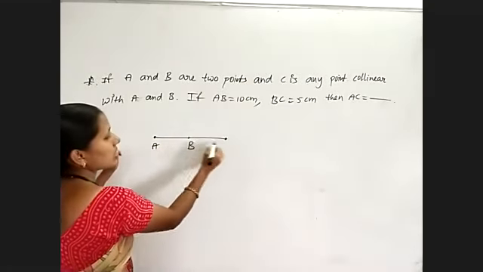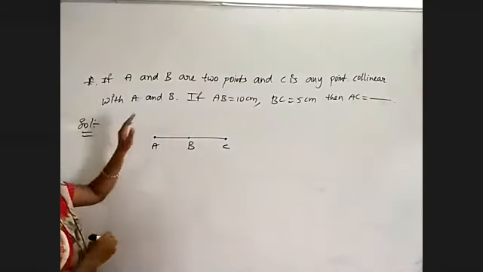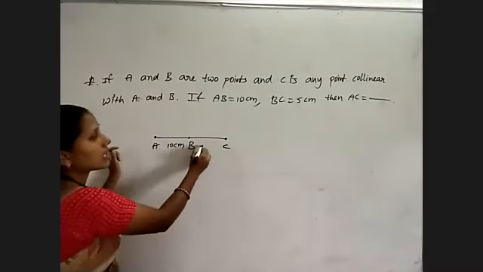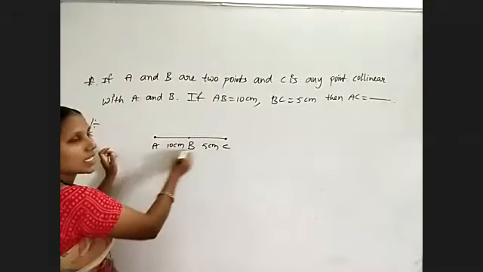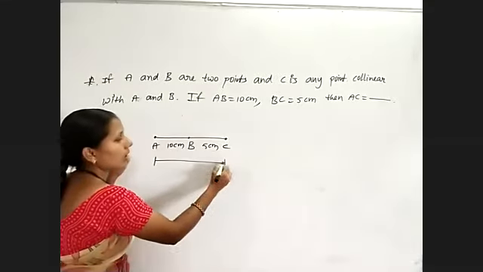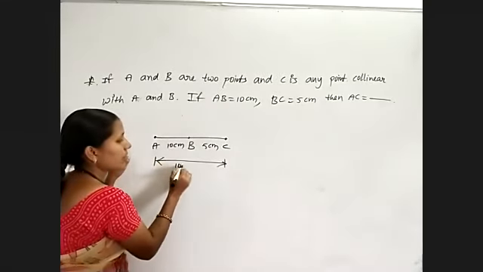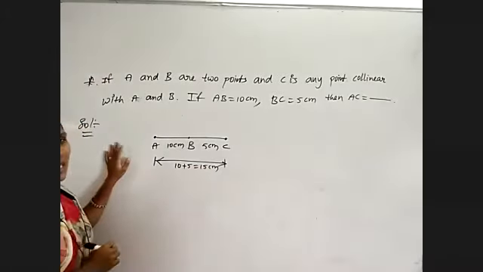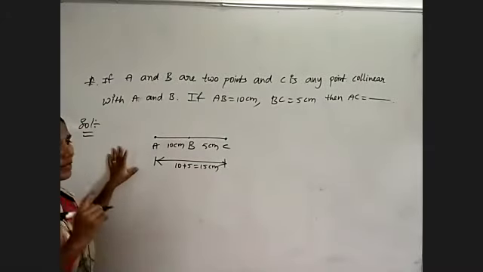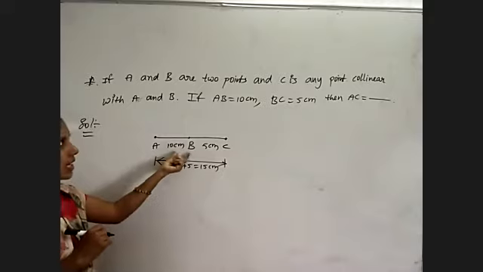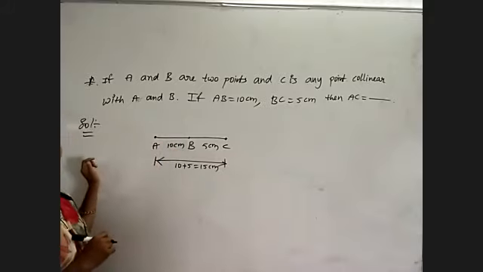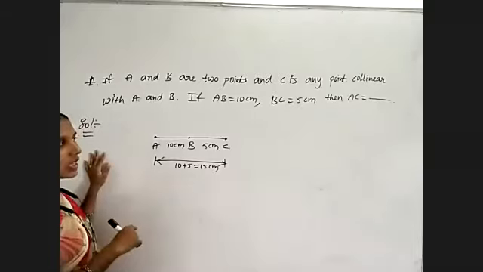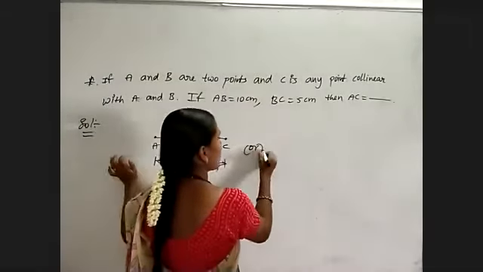If AB length is equal to 10 centimeters, BC length is equal to 5 centimeters, what is the length of AC? 10 plus 5, which is equal to 15 centimeters. Okay, but is that correct? Just observe. Are they given B is lying between A and C? No, no. Are they given C is exterior? No, no. So in that case, it may be possible.